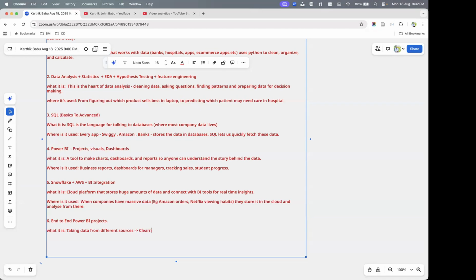Then I will clean the data, because without cleaning it we will not be able to analyze it. After cleaning, we analyze it, then make dashboards out of it, and later from these dashboards we build and share insights. This project will have all these things, and I will help you build it.